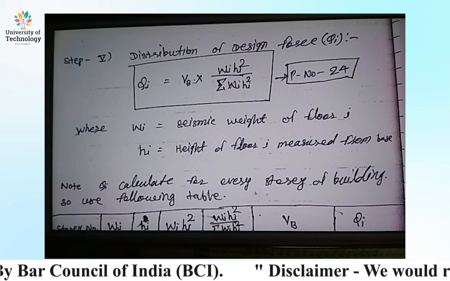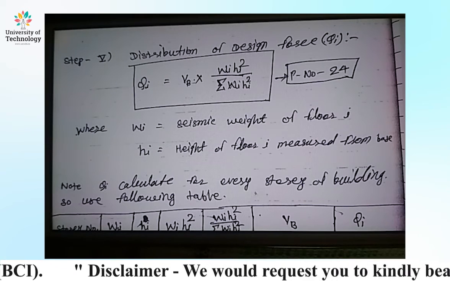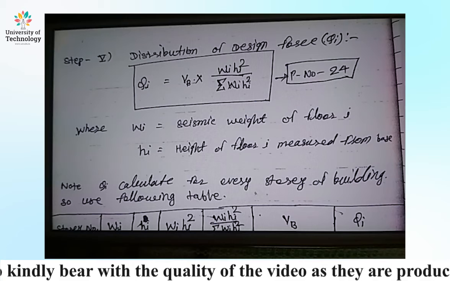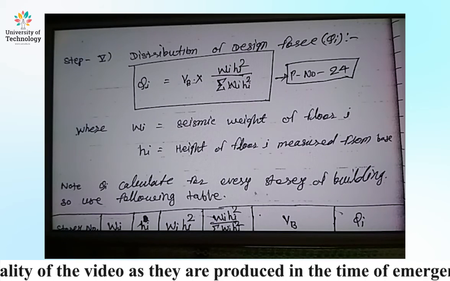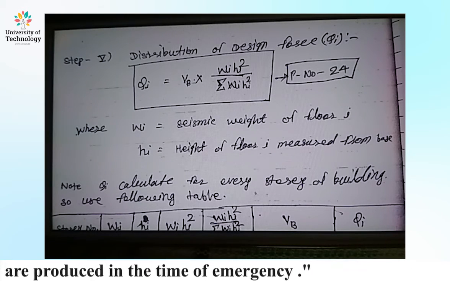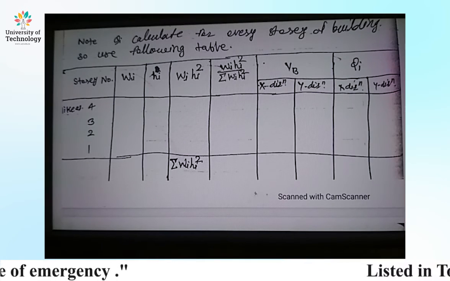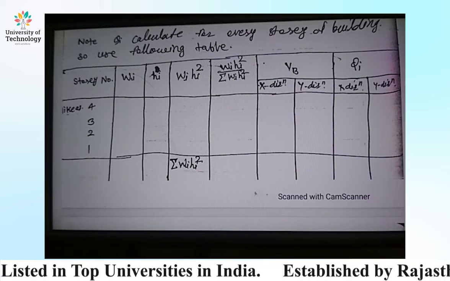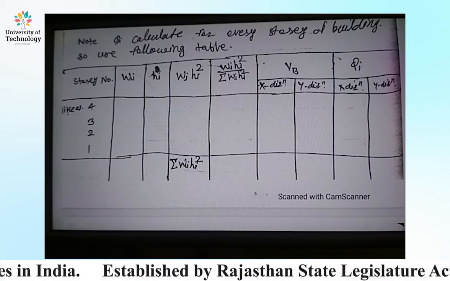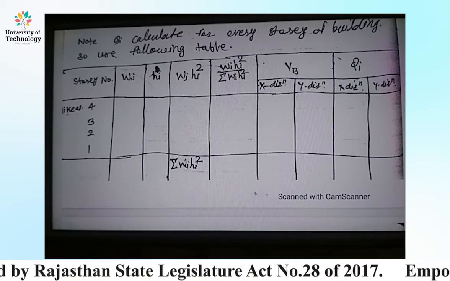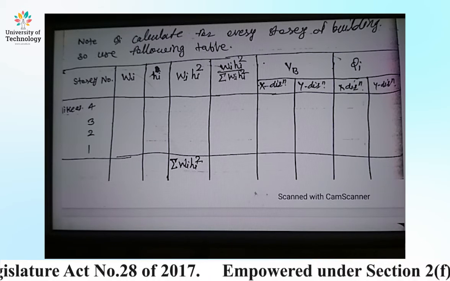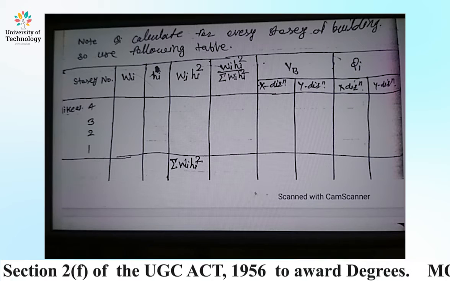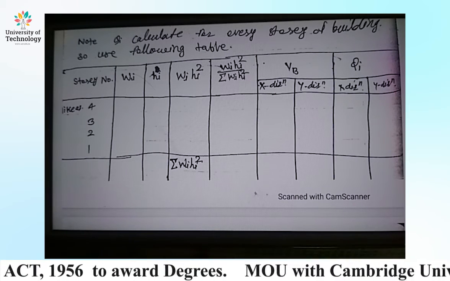An important note here: calculate for every story. Capital Q should be calculated for every story of the building, and after that use the following table. So what does this table say? A format is given here. In the first column, story number, you can write 4, 3, 2, 1 in decreasing order. The top floor should be kept in first priority.